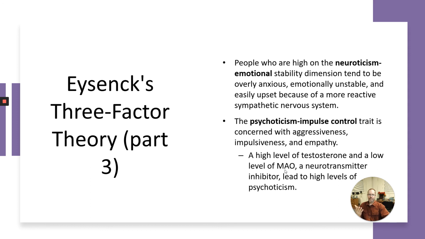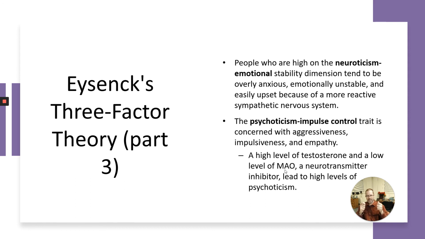People who are high on the neuroticism, emotional stability dimension tend to be overly anxious, emotionally unstable, and easily upset because of a more reactive sympathetic nervous system. So, of course, he's linking this now to one's biological composition or makeup. The psychoticism, impulse control trait is concerned with aggressiveness, impulsiveness, and empathy, on the other hand.